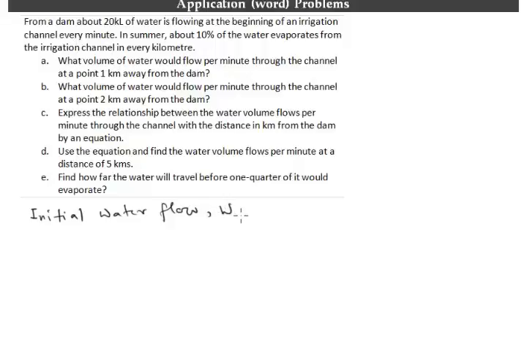If we denote it by W naught, which is 20 kiloliter per minute, and the water evaporation rate, that is water reduces from the channel, this is a decay problem.